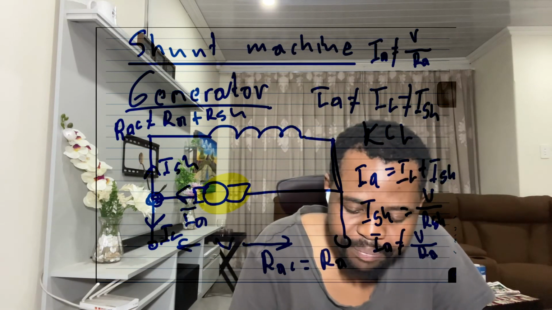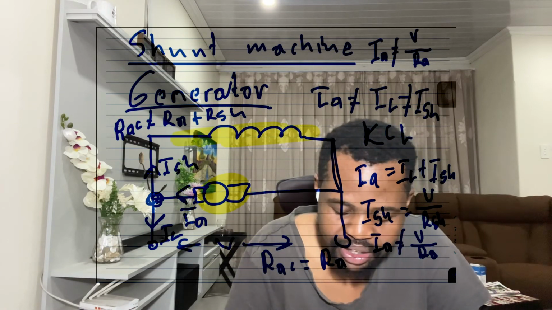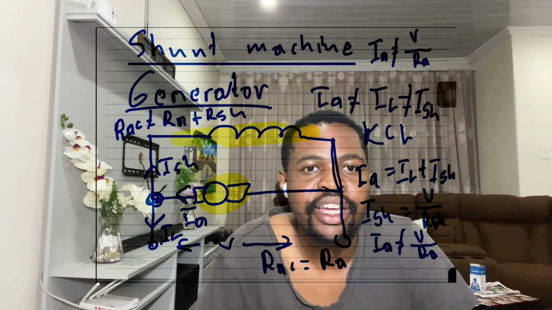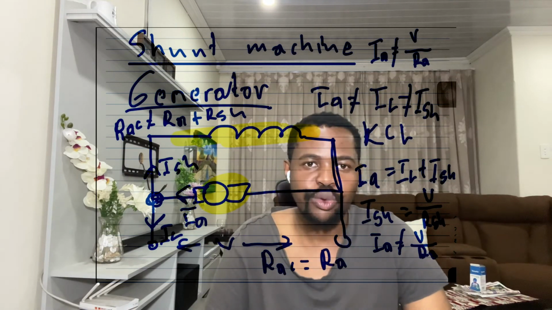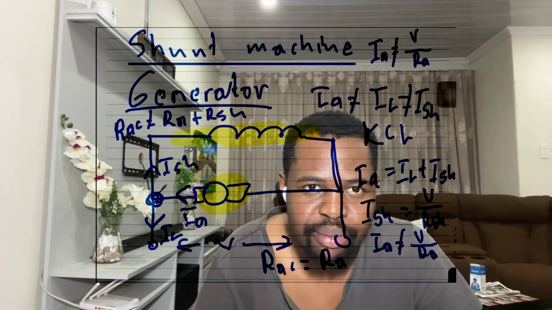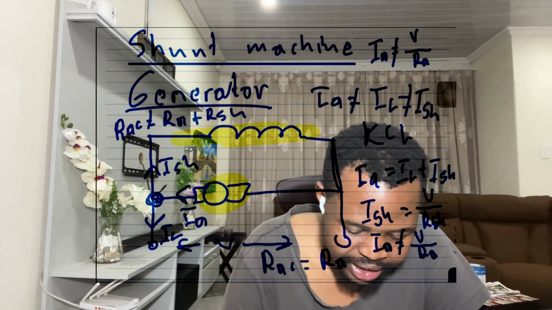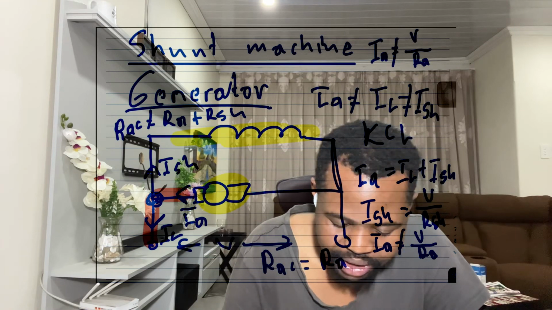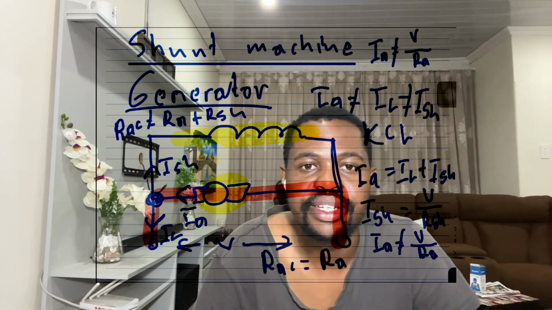Because remember, the shunt winding is not part of the armature circuit. You don't include it when calculating the armature circuit resistance. The only thing we have in the armature circuit is the armature only.